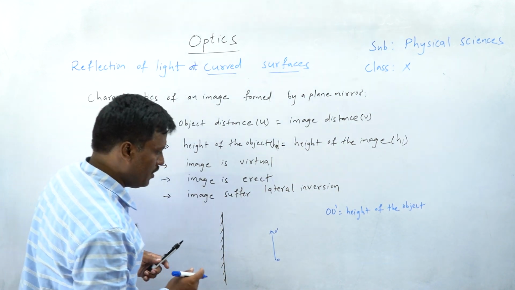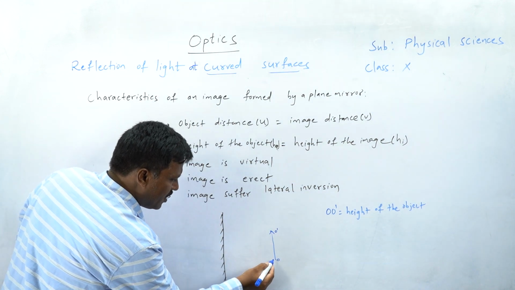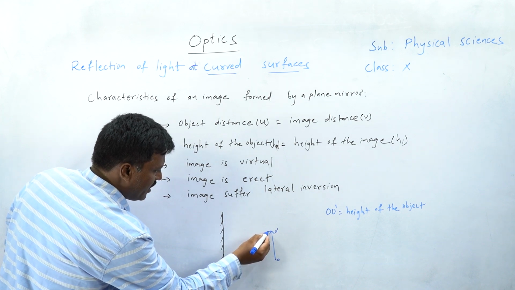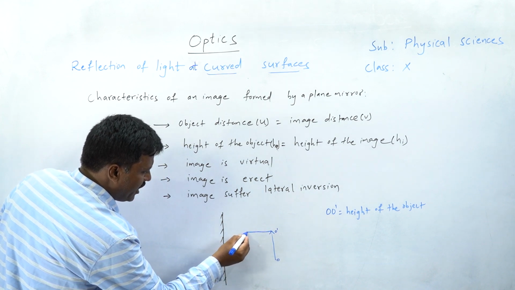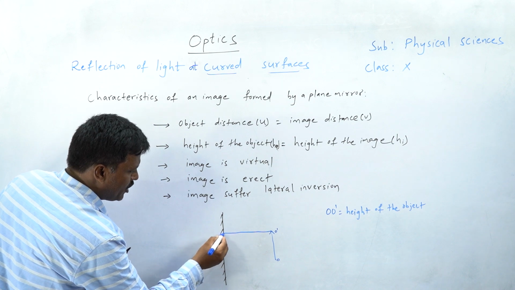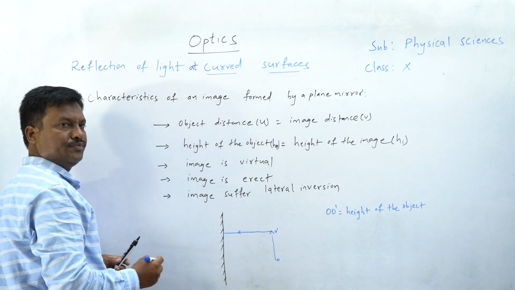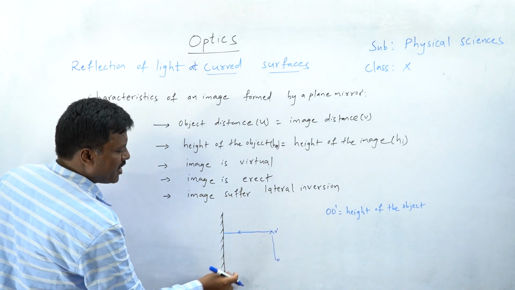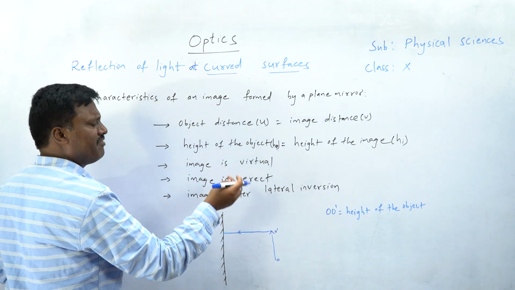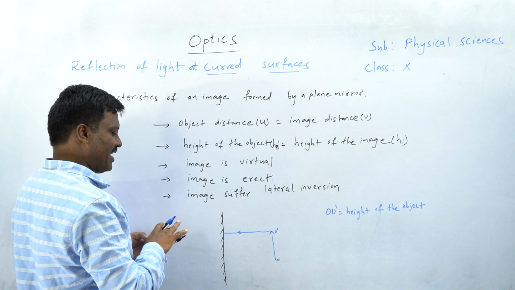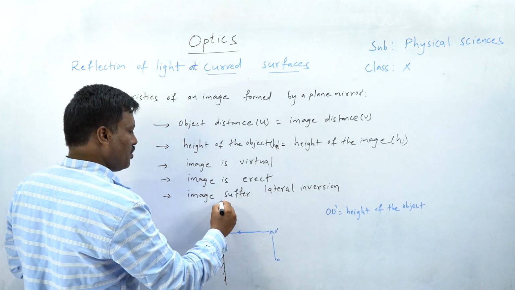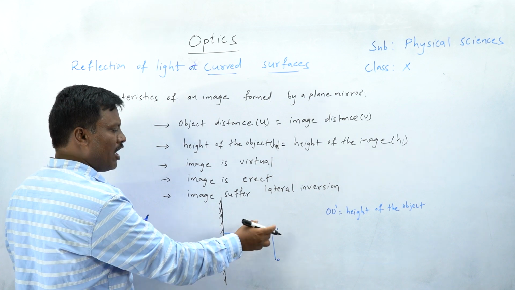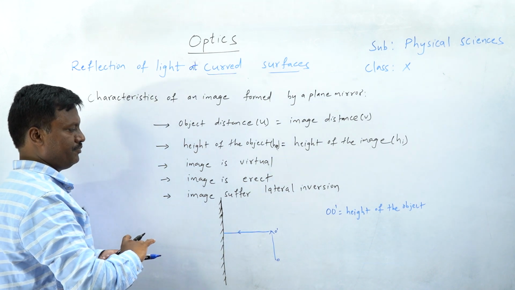So from the tip of the object, let us imagine a ray coming to meet the mirror. Actually, from the tip of object, infinite light rays are coming to meet the mirror. But for better understanding, to not make the diagram clumsy, we have considered only some rays.